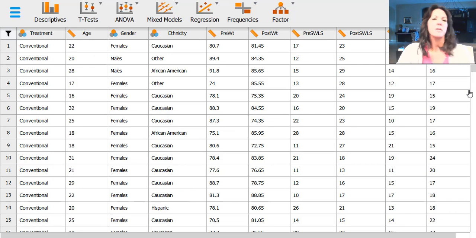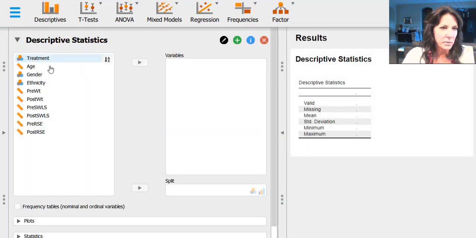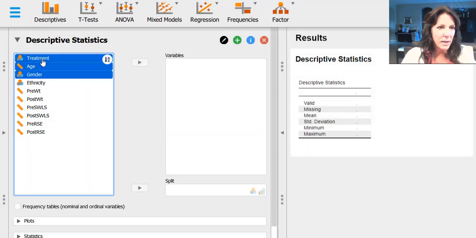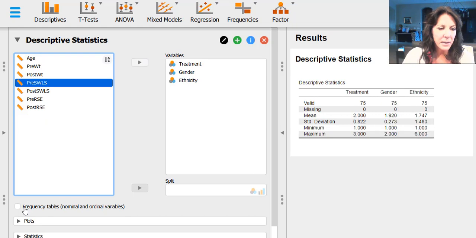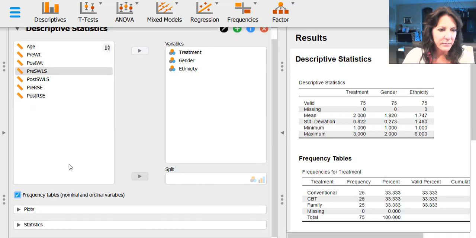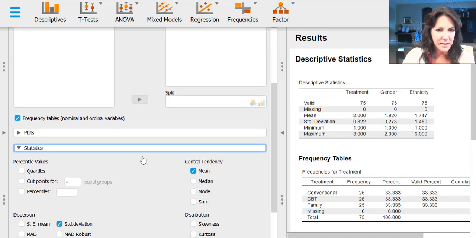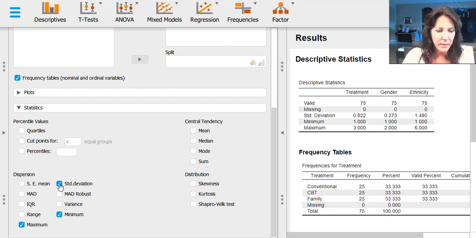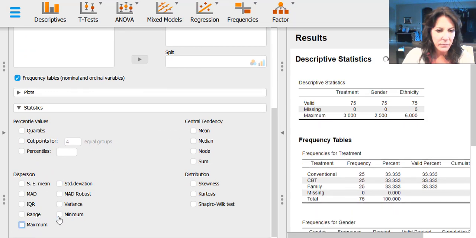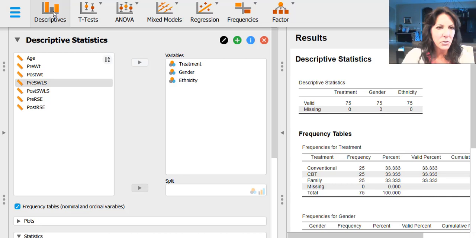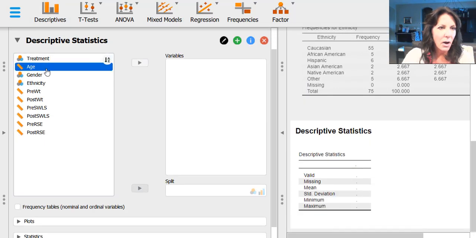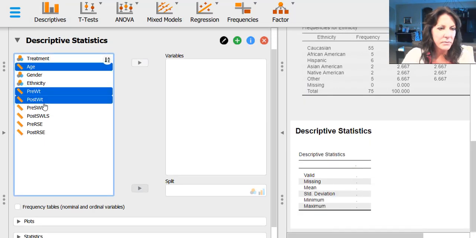Your directions then ask you to do what we always do to find those descriptive statistics, starting with our nominal variables. I'm going to come to descriptive, so I'm going to move my three nominal variables over. I'm going to select frequency tables and deselect the statistics. Next, I'm going to do descriptive statistics for all of the scale variables.